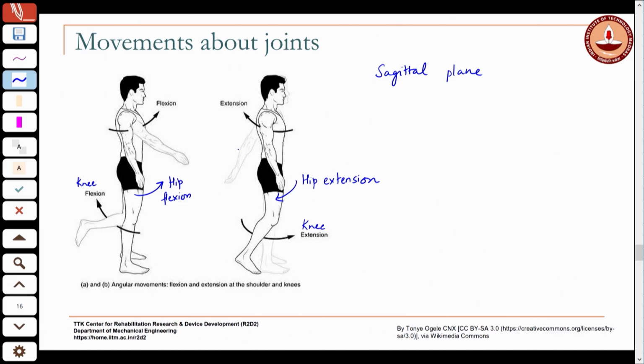Whereas, in the case of the shoulder and the elbow, if I have this, moving it in this direction is elbow flexion.